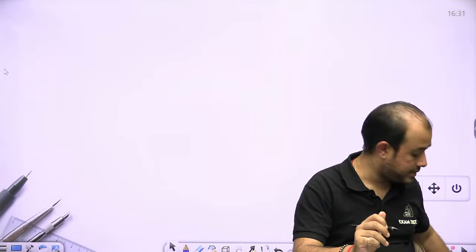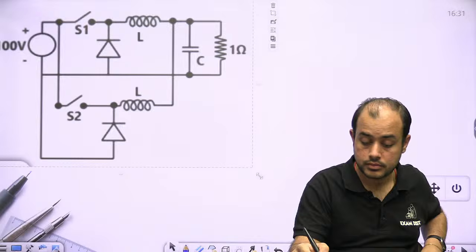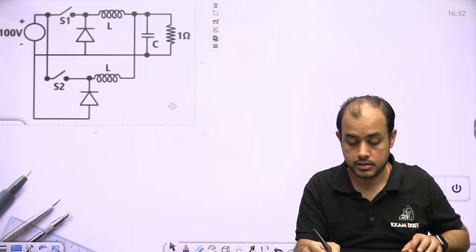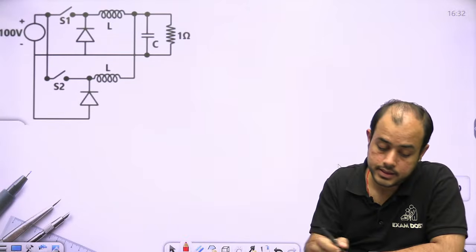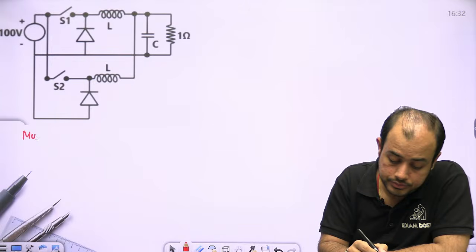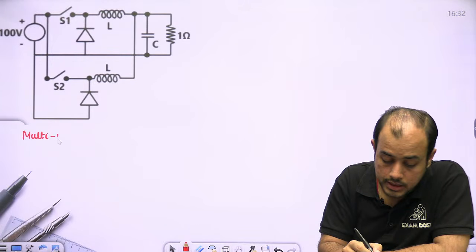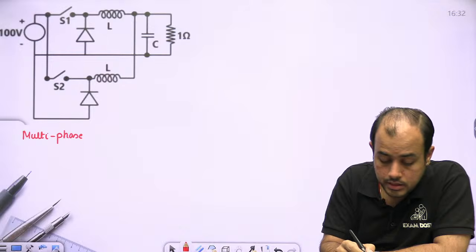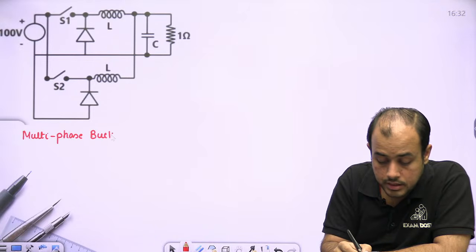तो देखो बेटा, basically this is known as multi-phase buck converter.